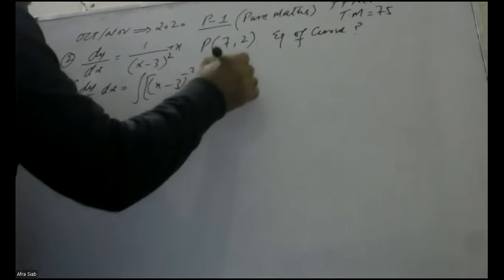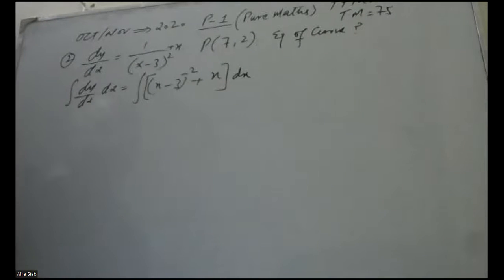We know that we will integrate it on both sides with respect to x. So that is dy by dx into d of x is the integration of x minus 3 power minus 2 plus x into d of x.